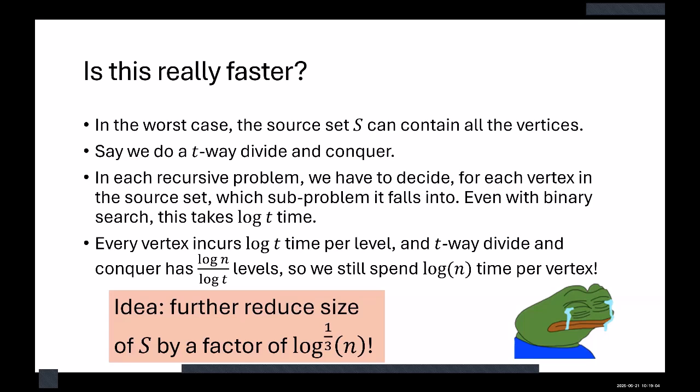Which is unfortunate, but there's an idea that we can use to go beyond Dijkstra. Instead of binary searching for every vertex in S, we can use a procedure that reduces the size of S by a considerable fraction. Then instead of binary searching all the vertices, we only have to binary search on a small fraction of the vertices, essentially saving running time.